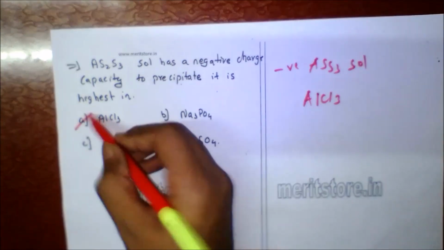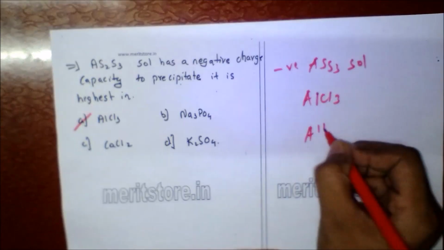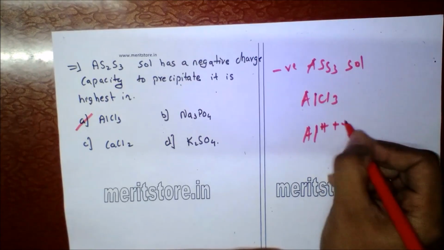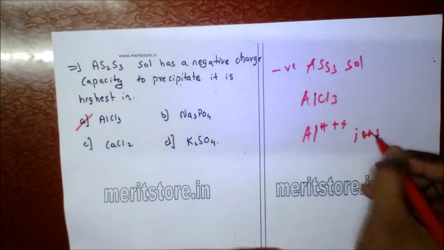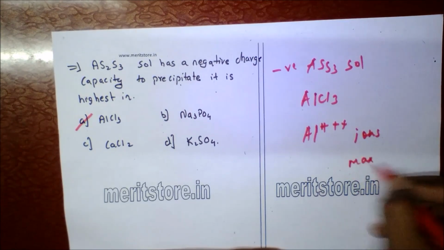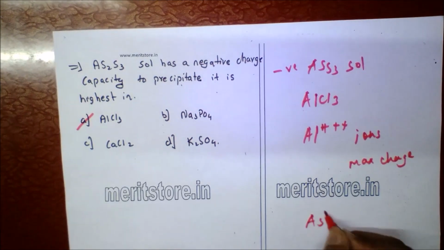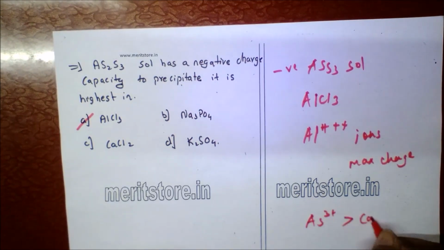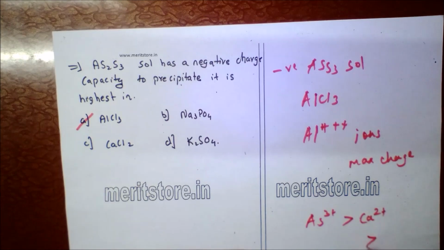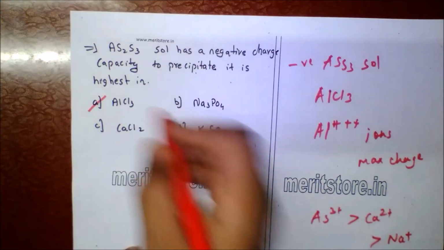The correct answer is actually A. This is because the oppositely charged Al3+ ions have the maximum charge. So the relation goes Al3+ is more than Ca2+ is more than Na+. Therefore, the correct answer is A.